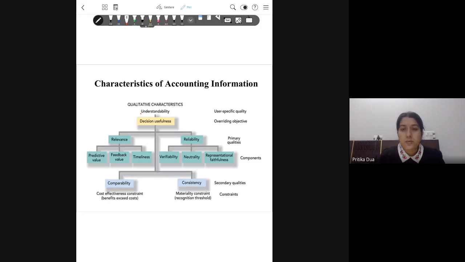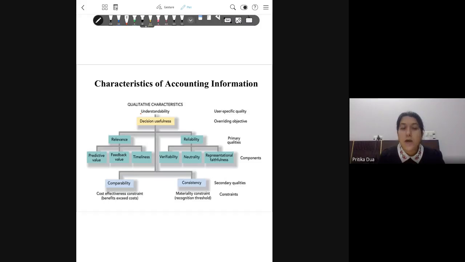If the accountant prepares these statements in a simple manner, in an easy to use, easy to read manner, then that information becomes understandable. But that does not mean that you compromise on the quality of information to be presented.